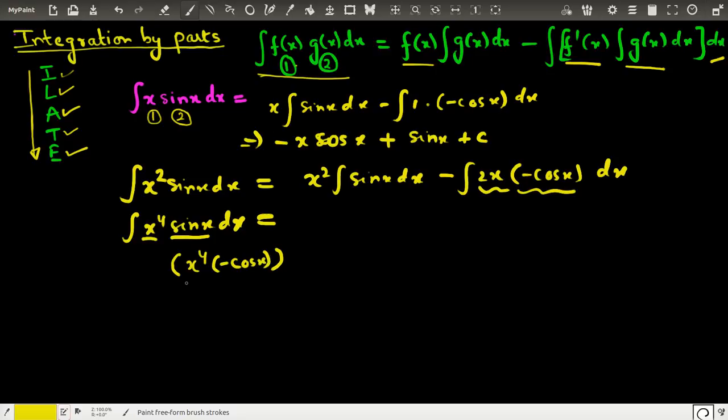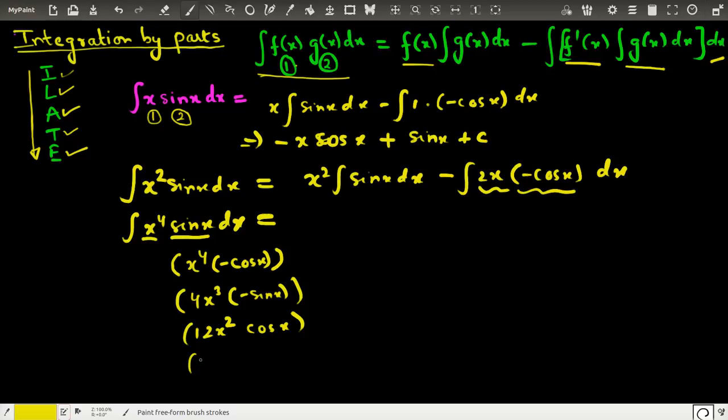This is the first bracket. Now second, differentiate the first function which is 4x cube and integrate the second function which is now minus cos x, which will be minus sin x, right? Then third one, differentiate the first function which is 12x square, integration of minus sin x is cos x, because the integral of sin x is minus cos x, so the sign gets cancelled again.